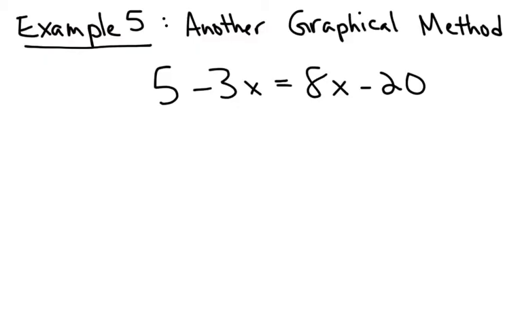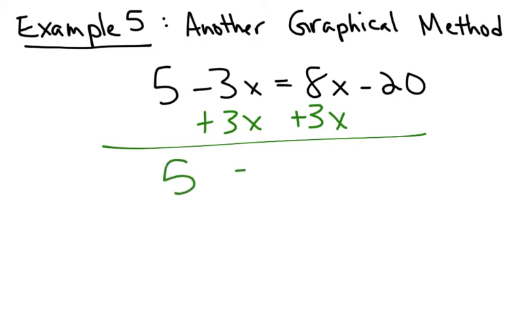This last problem I'm going to talk about in this video, it's another simple one that can be done algebraically with no problem. So all you have to do is, I would add 3x because I like to make my x positive. And then I would add 20.